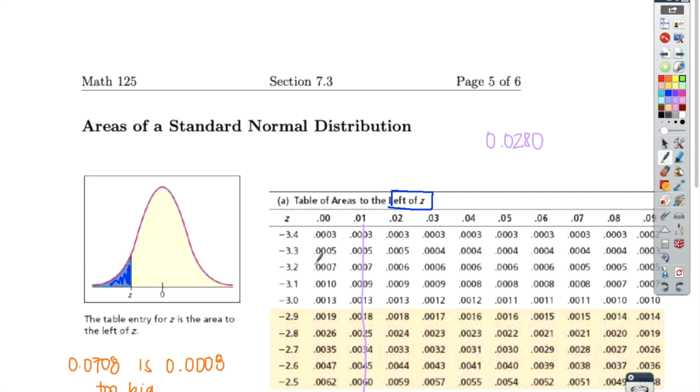Not just for chapter 7, we're going to use it for chapter 8 and chapter 9 and potentially chapter 11 if we get there. I had recommended in class that you dog ear this page just so that you can get to it easily. But you're ready to do the section 7.3 homework, and I will see you for the 7.4 video.